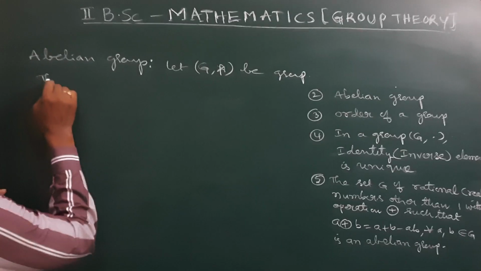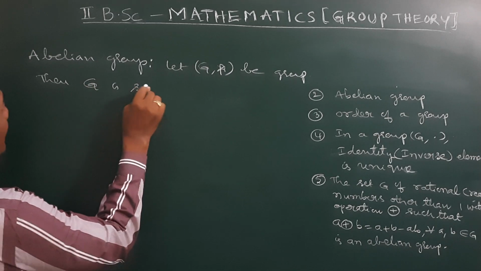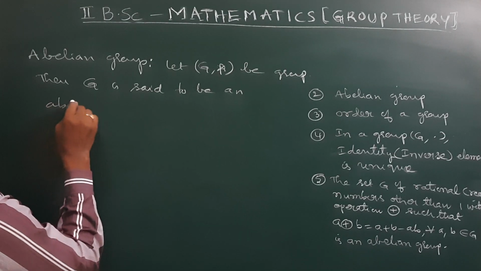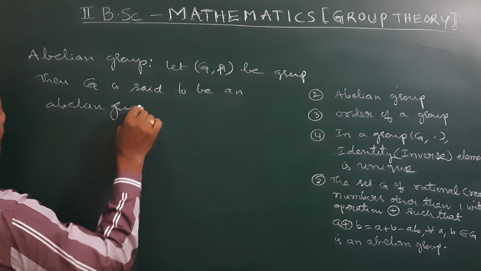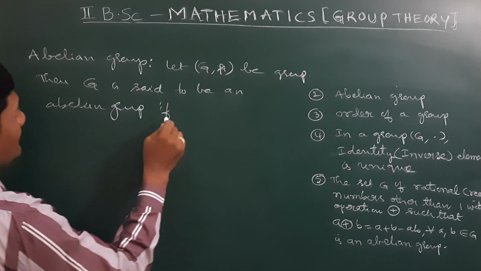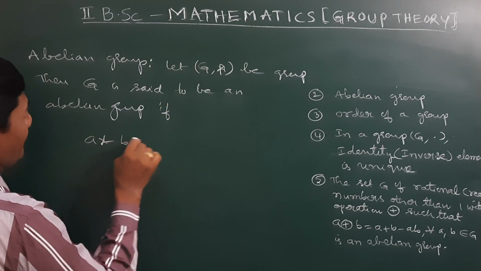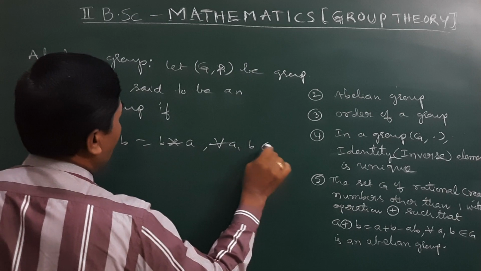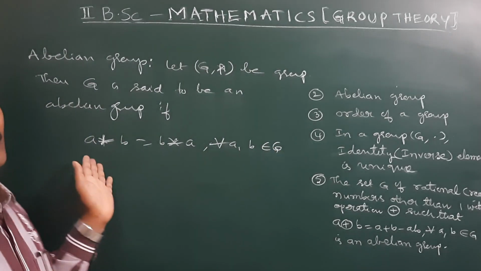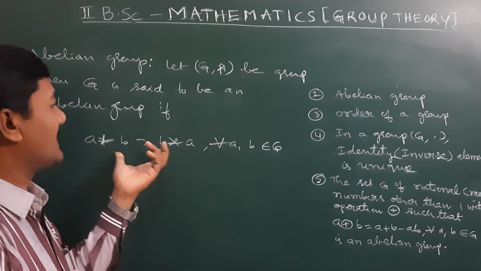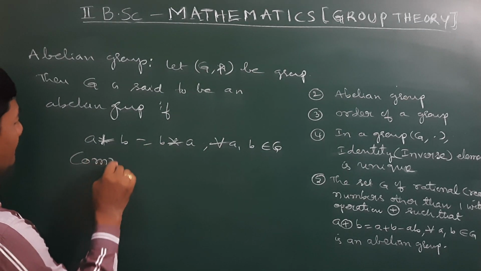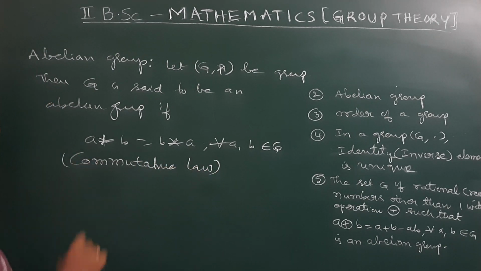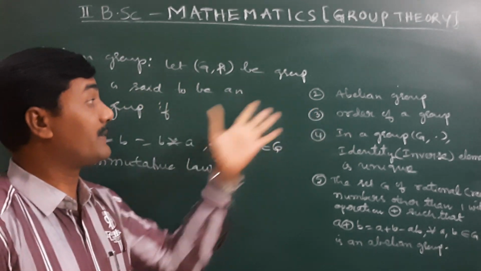Then G is said to be an abelian group if A star B is equal to B star A for all A, B belonging to G. This property is called the commutative property. So that means if G satisfies the commutative law, then G is said to be an abelian group.